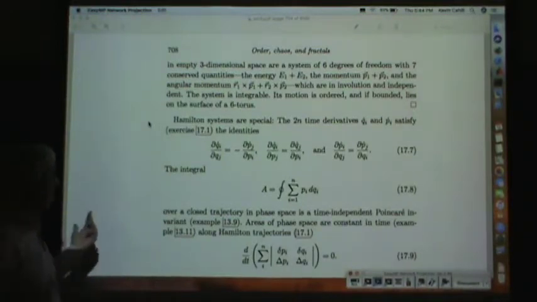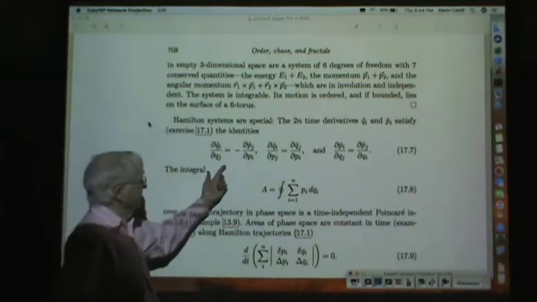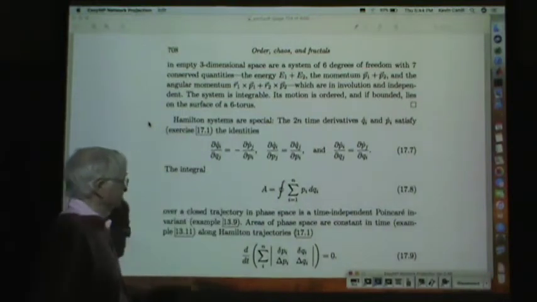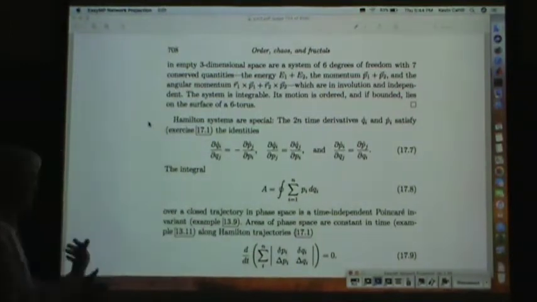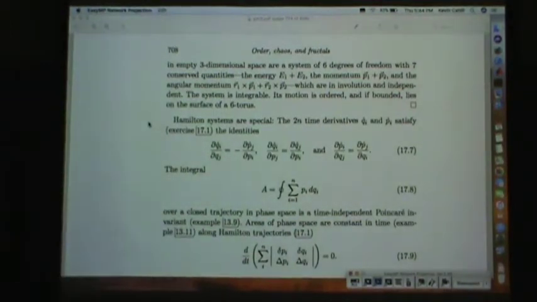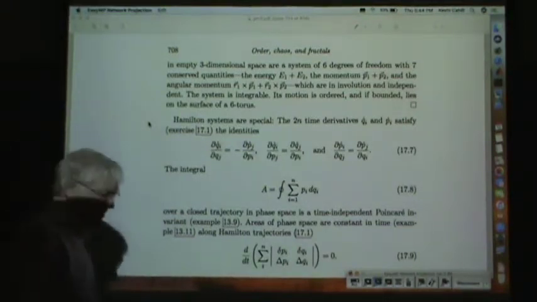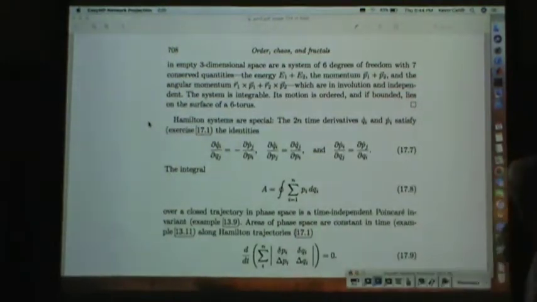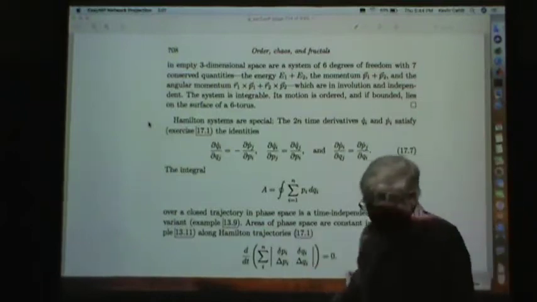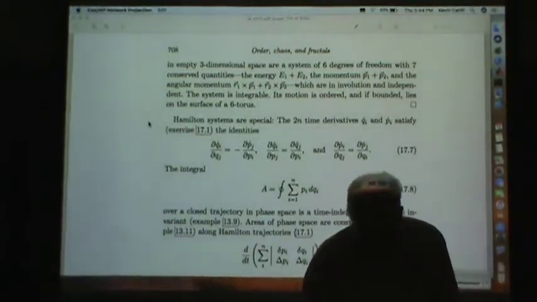And one aspect of that is these phase-space volumes over a closed trajectory are time independent. This is called a Poincare invariant. And so areas or volumes of space are constant in time along the trajectories.